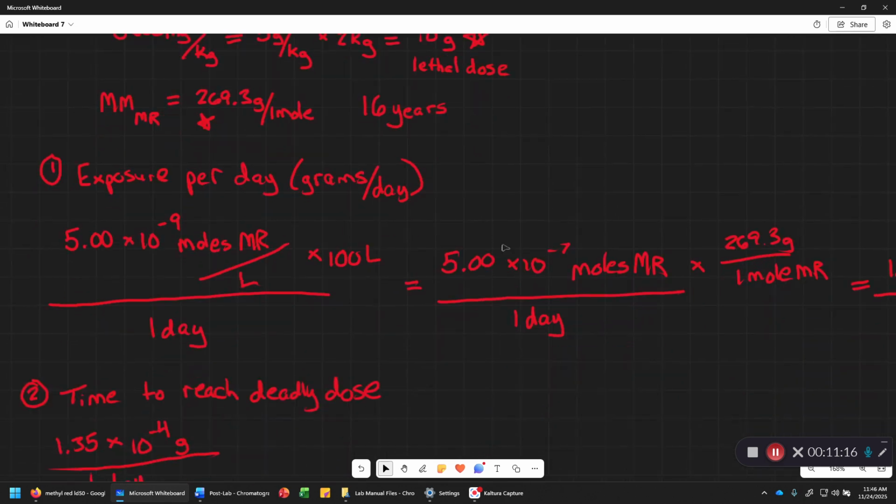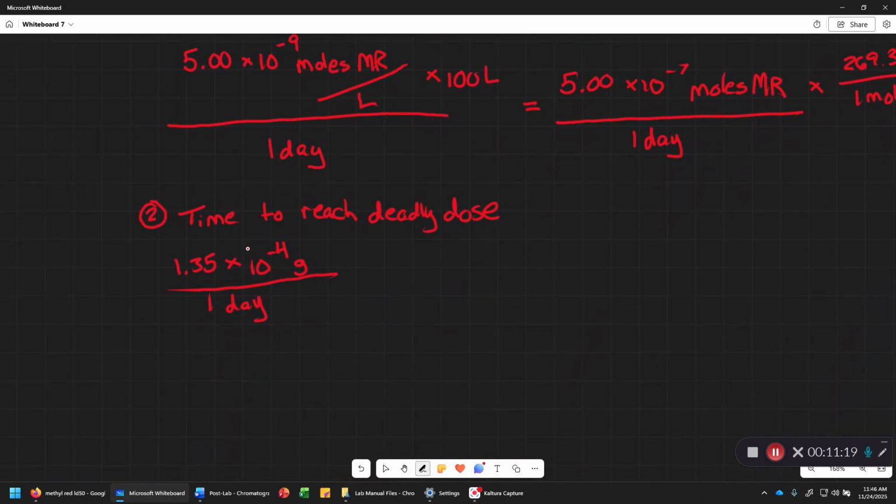So if it gets exposed to 10 grams, it will be lethal. We can use this number to calculate the number of days. In order to get our units to cancel, we have to flip this fraction around: on the top we have 1 day, and on the bottom we have our mass in grams. Now grams cancel, and we're left with days.